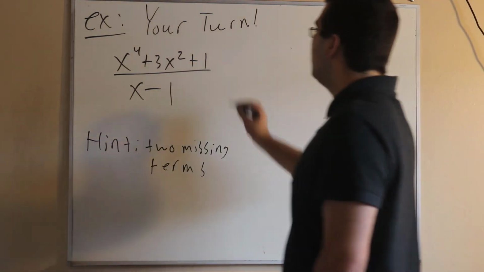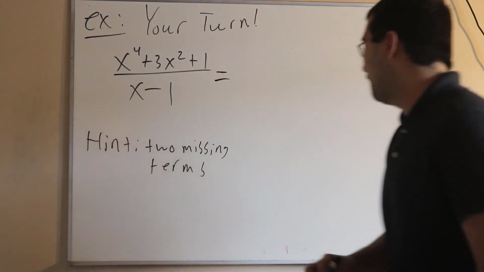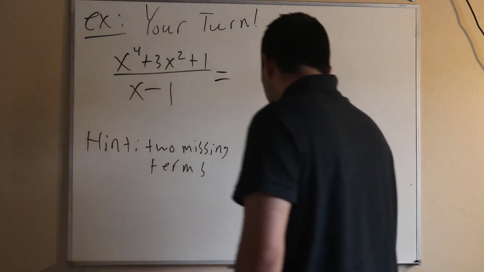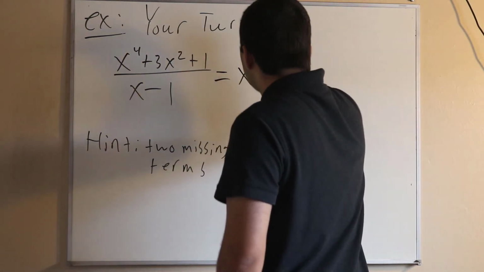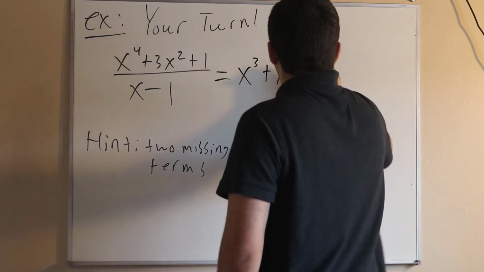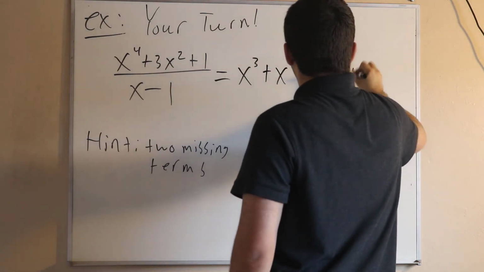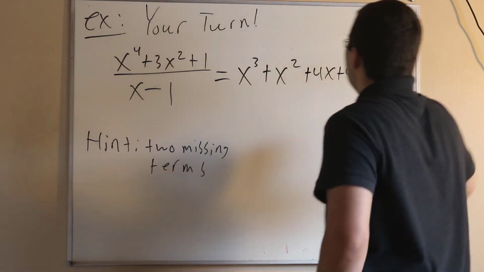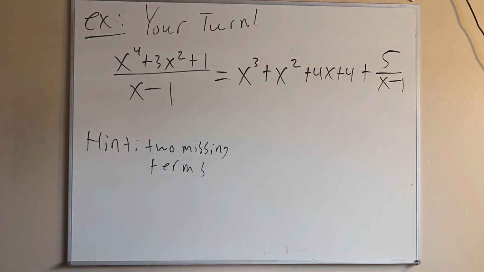Okay, so hopefully you worked through the problem, and let's go ahead and compare our results. So the answer I got for this problem was x cubed plus x squared plus 4x plus 4, and I had a remainder of 5. This is the formal way I'm going to write my answer.